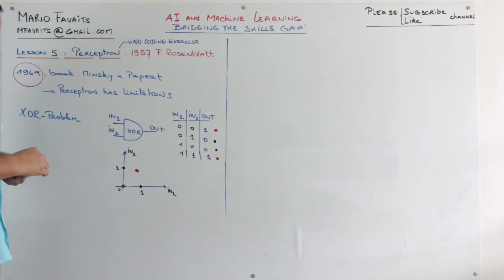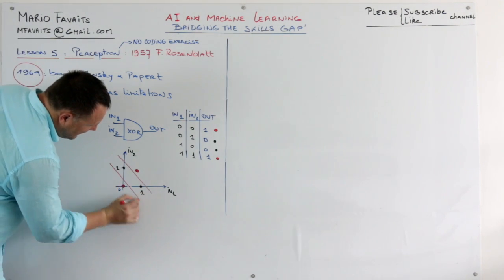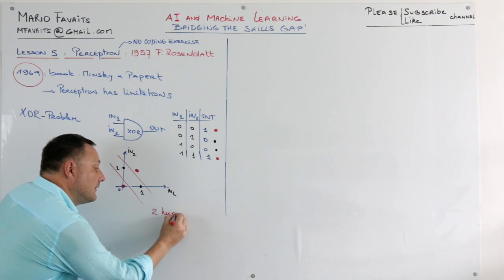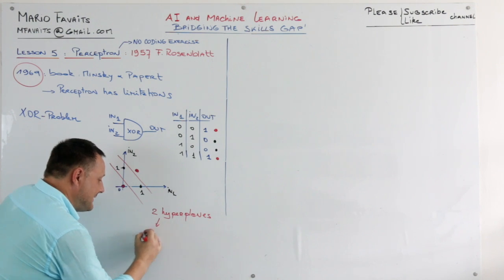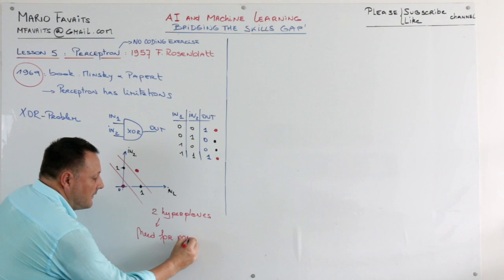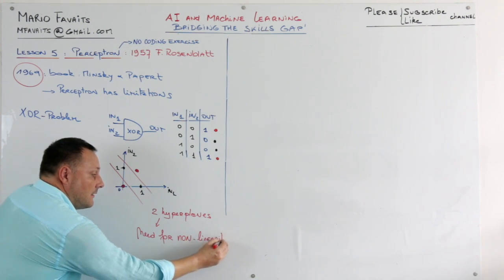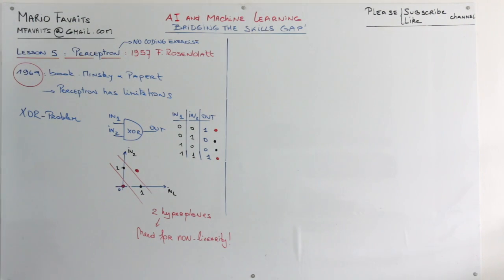The only way to separate these points is by having two hyperplanes, which basically means that there is a need for non-linearity. This is basically the biggest conclusion of this XOR exercise.